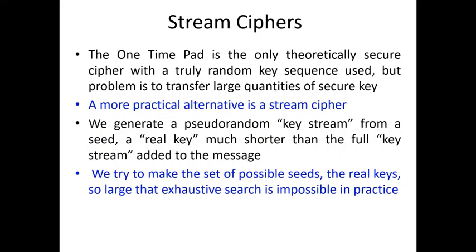I told you the real key is a shorter version of the actual key. Say I'm using a 1024-bit actual key. I'm going to generate a real key of 112 bits or something like that, and I'll append it to the message and send. That real key represents the initial seed.